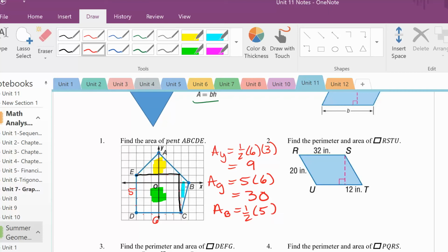And the height is just 1. So it's half of 5 times 1, so it's 2.5. So the area of the figure, if you go 30 plus 9 plus 2.5, is 41.5 square units.